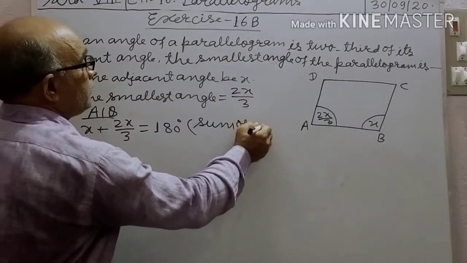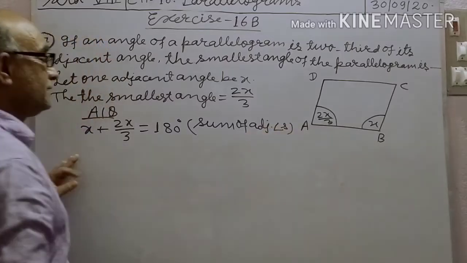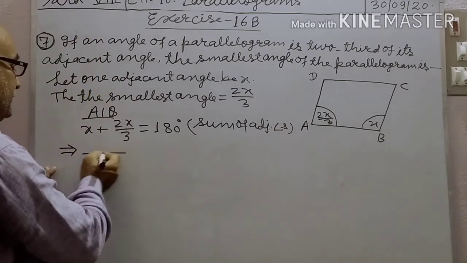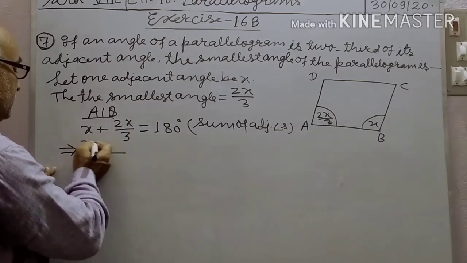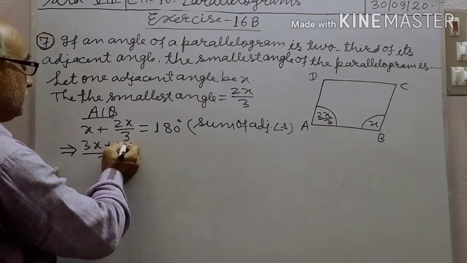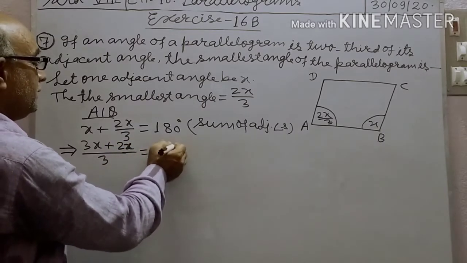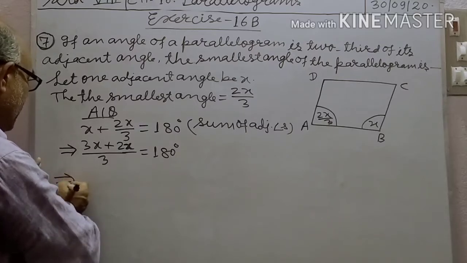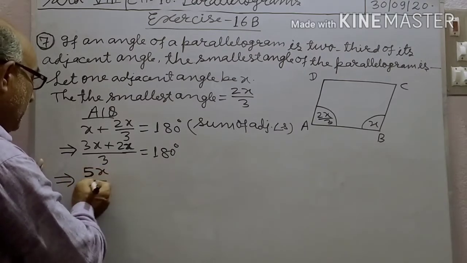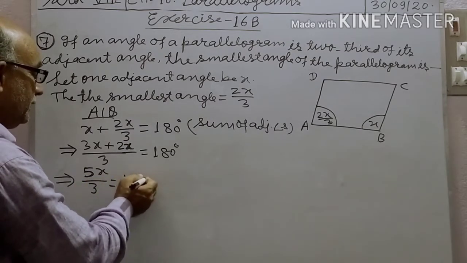That implies LCM is 3. So 3x plus 2x equal to 180 degree. That implies 5x by 3 equal to 180 degree.